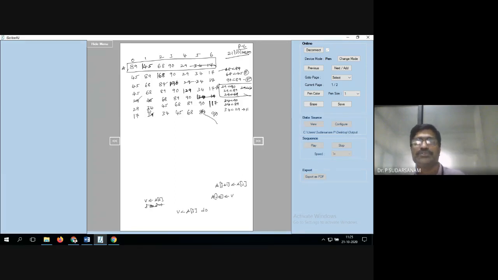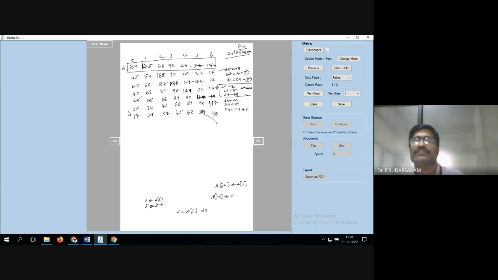Once the condition is false, it will stop that loop, and then that element will be placed into that location. In this case, 17 is less than 90 true, 89 also true, 68 true, 45 true, 34 true, 29 true. Now j is equal to j minus 1, so 0 minus 1 is equal to minus 1.